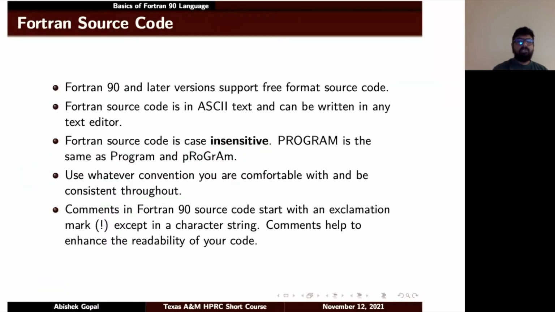Okay, so the Fortran source code, in Fortran 90, 95 and later, we have what is called free format source code. What you need to be aware of is that in the previous versions of Fortran, you had a lot of restrictions on how you could write the code.